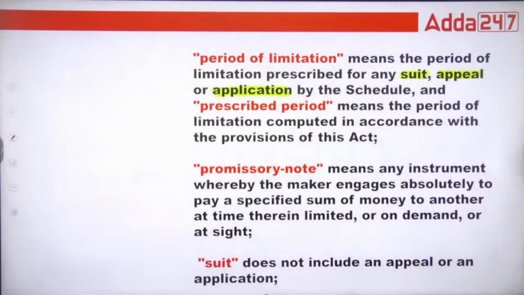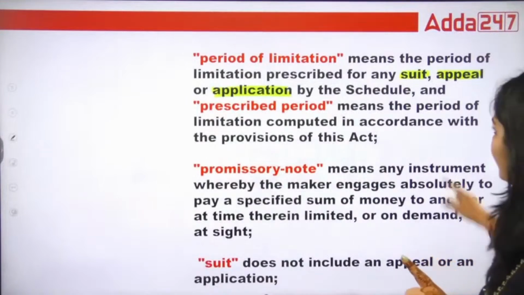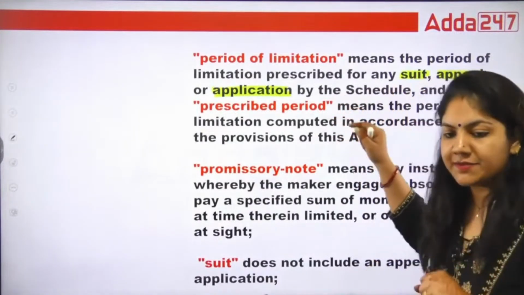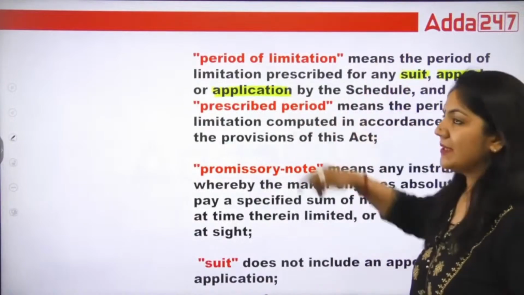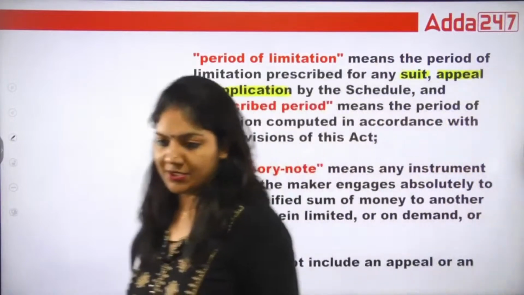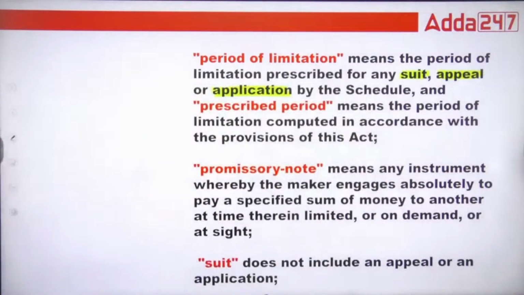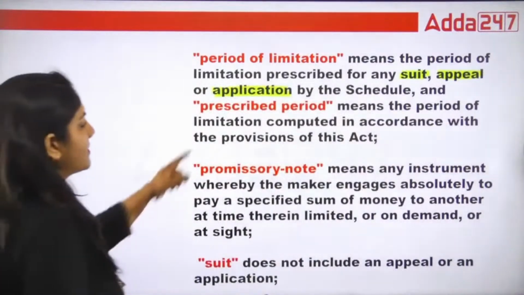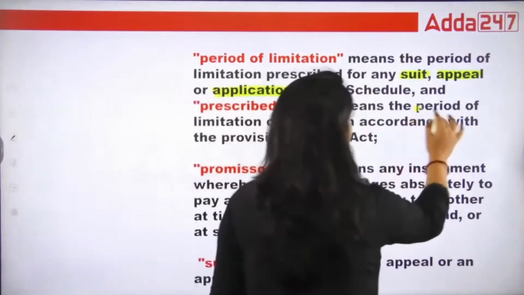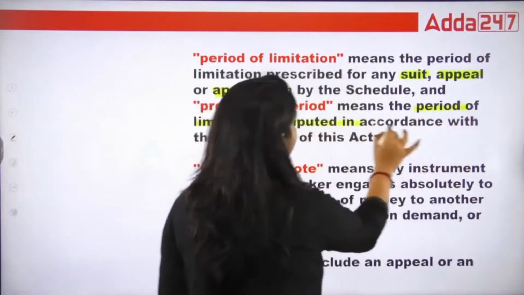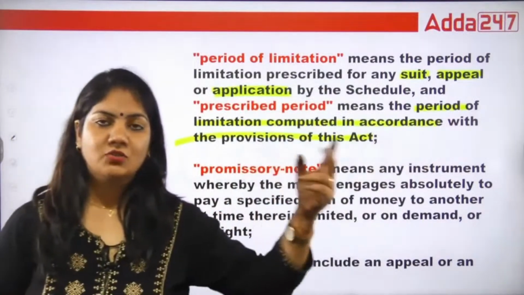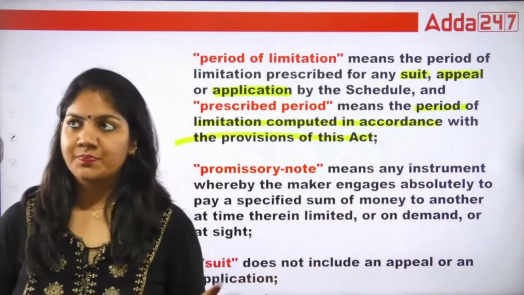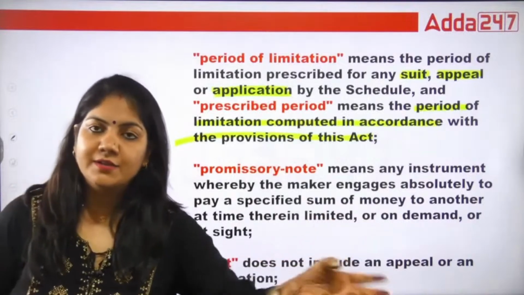Suit is case, appeal is lower to higher body, application means any written application. Prescribed period means the period computed in accordance with the limitation. So just like in the mortgage, limitation is 12 years, right? In the mortgage. In the contract, generally 3 years.